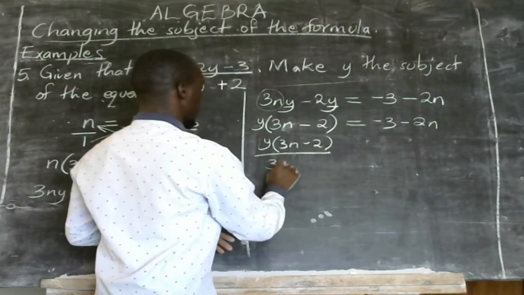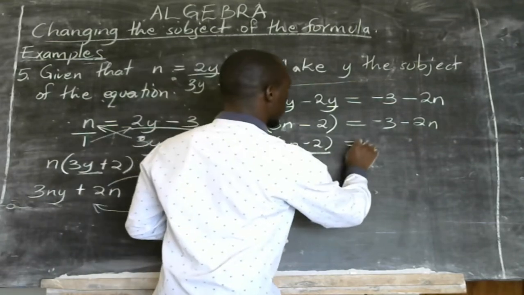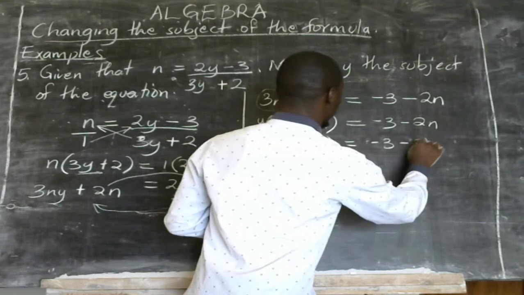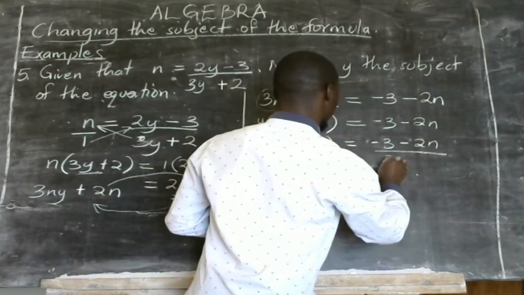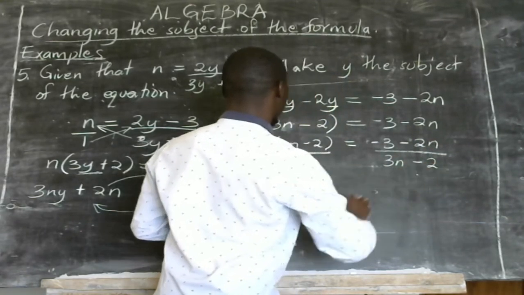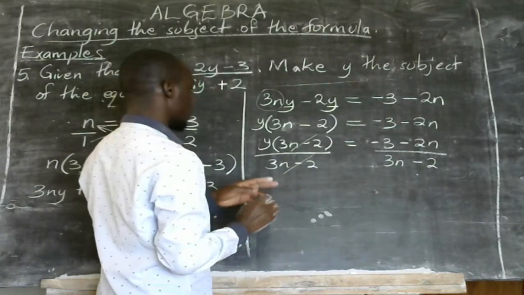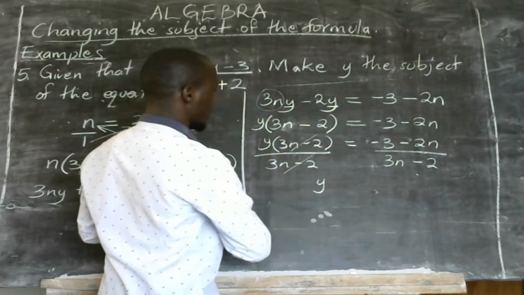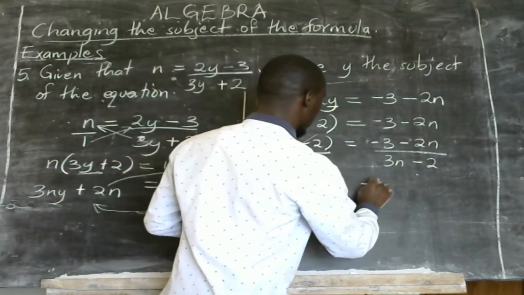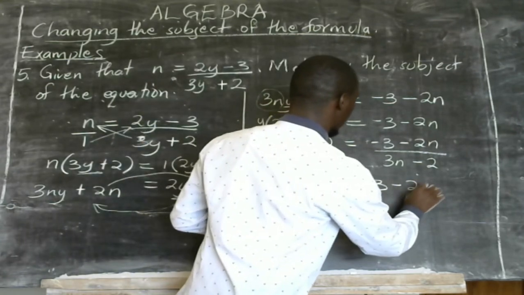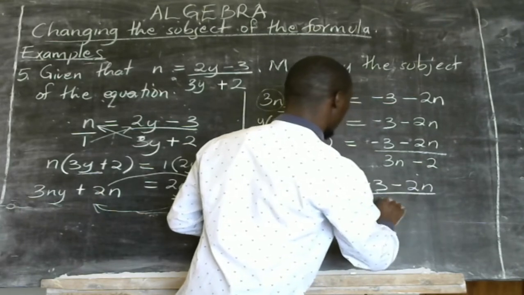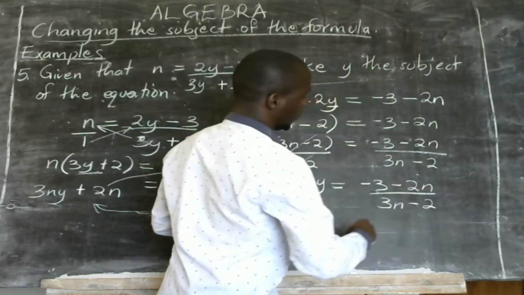Divide by the 3n minus 1 is equal to negative 3 minus 2n divided by 3n minus 1. So this and that, they cancel out because they are the same. Finally get y is equal to negative 3 minus 2n all over 3n minus 1.